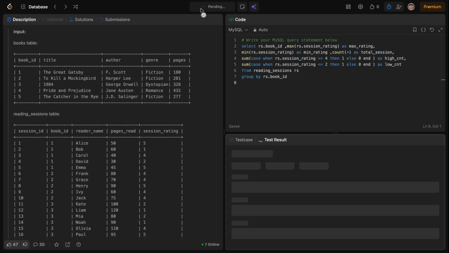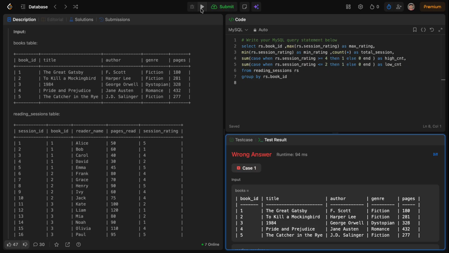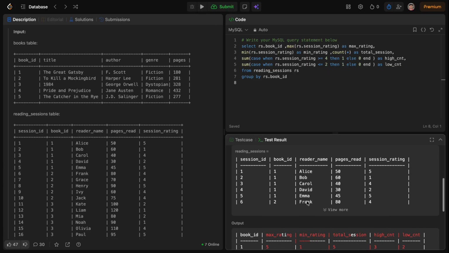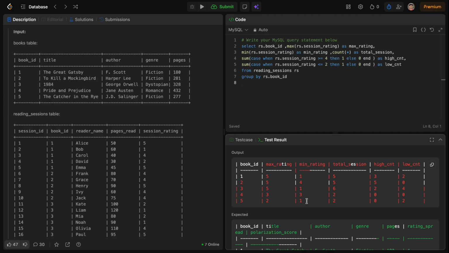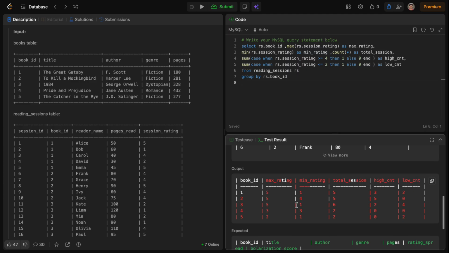First run this and let's see what it returns. It returns the book ID, maximum rating, minimum rating, total session, highest count and lowest count.